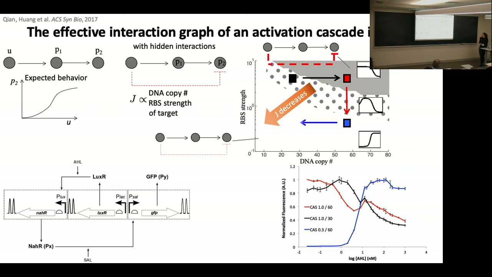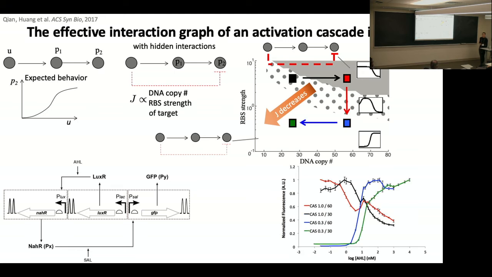And if you move back in this regime, you get back your monotonically increasing cascade. Okay? So this is telling you that you can actually use, in this model, simple, toy, design-oriented models, this resource demand coefficient to tune the strength of these interactions.